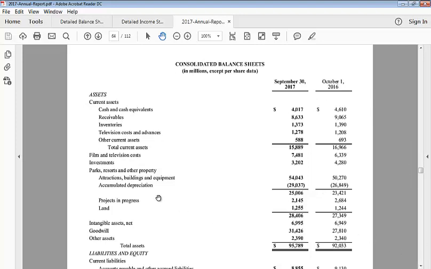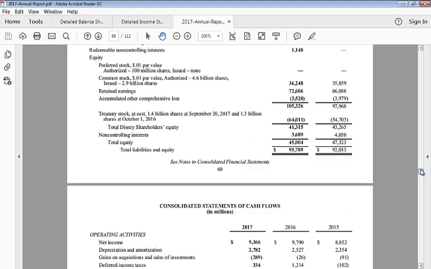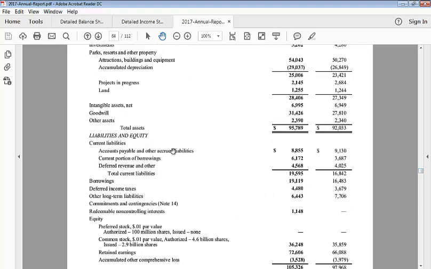We can see their fixed assets, long-term assets, property, plant and equipment is what I want to say, but apparently they call it parks, resorts, and other property. So we can see the level of their assets and so forth. If we scroll down, oops, too far, we see their liabilities and equity, so current liabilities, borrowings, and so forth.